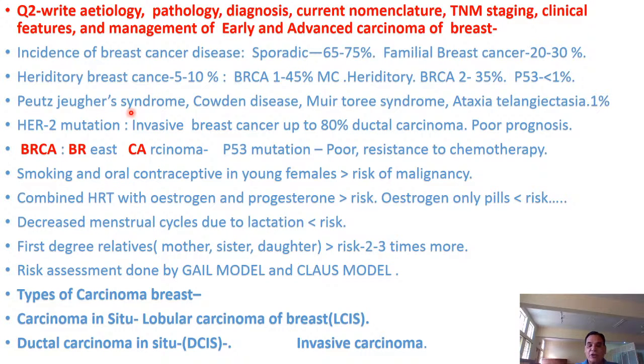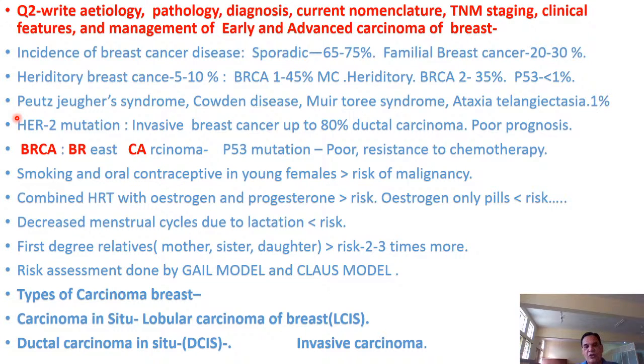Other syndromes or congenital conditions: Peutz-Jeghers syndrome, Cowden disease, Muir-Torre syndrome, ataxia, and now very important, what is it? It is the HER2 mutation. Now what has happened? The basic concept of a loco-regional malignancy from CA breast has gone to systemic malignancy. That is why everything has changed.